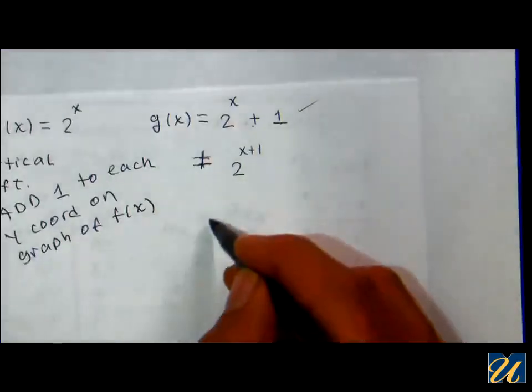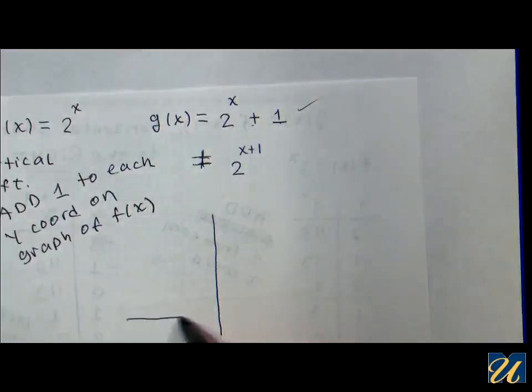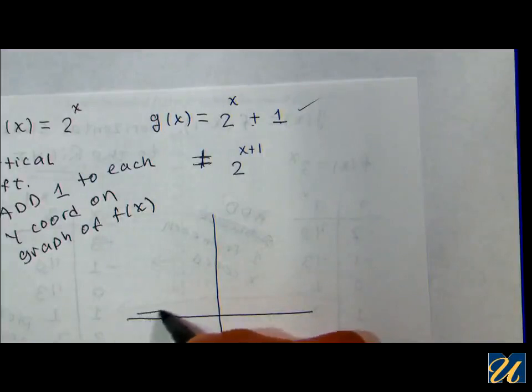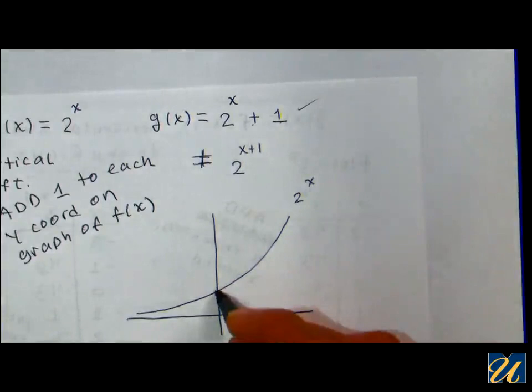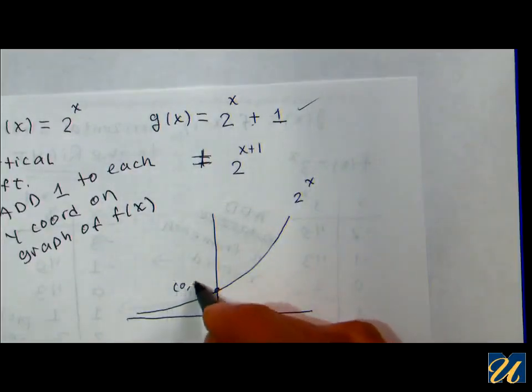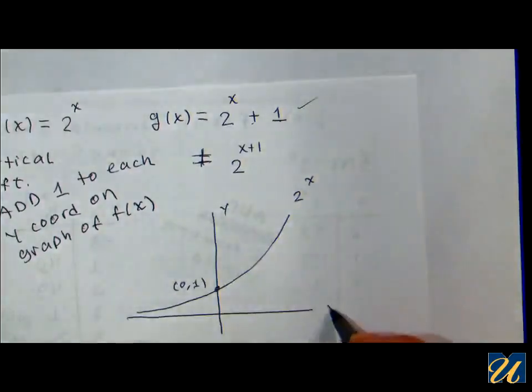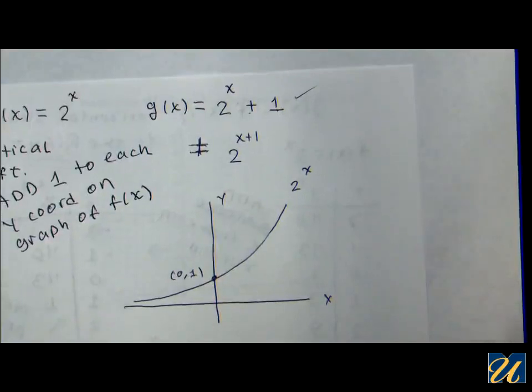Now when you try to show what this looks like on the coordinate system, here is the graph of 2 to the x. And of course that goes through 0, 1 on the y-axis. Okay. And we have to lift that up.